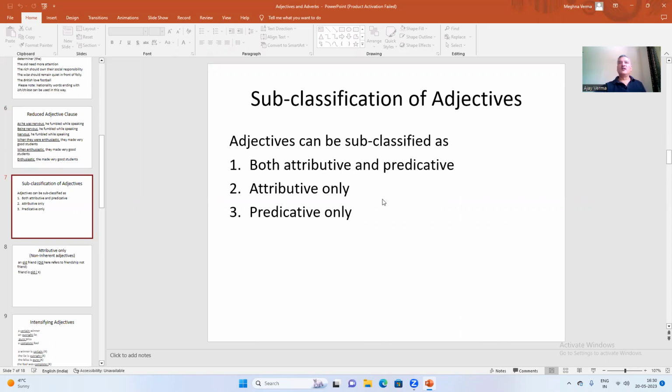Okay, so three types of adjectives can be found. Those which can come before the noun and after the noun, those which come only before the noun, and those which come only after the noun. So they are termed as both attributive and predicative, attributive only, and predicative only.